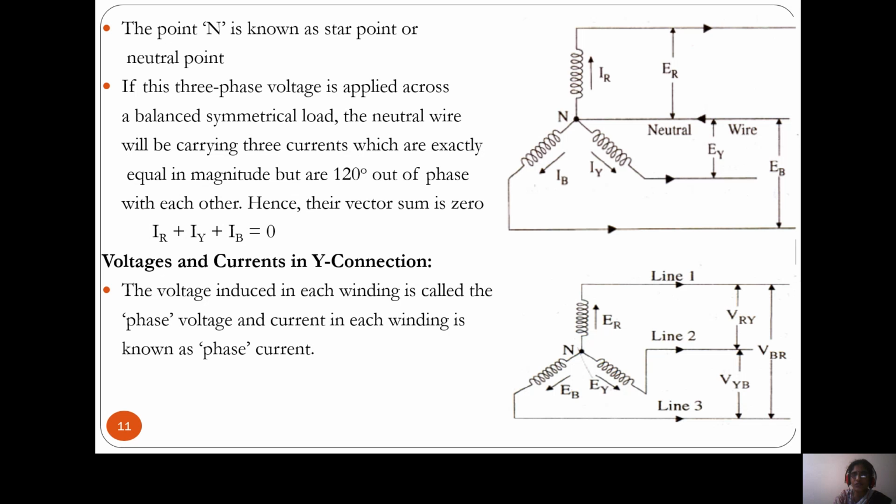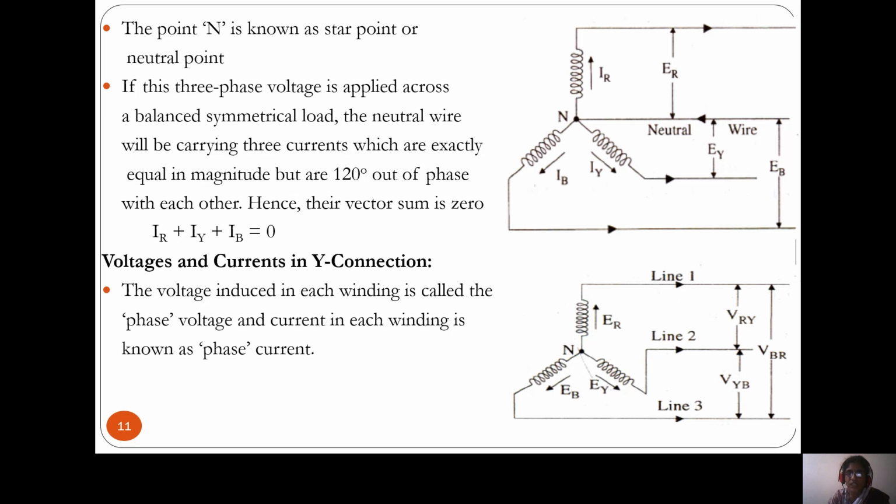If these three phase voltages are applied across a balanced symmetrical load, the neutral wire carries three currents which are exactly equal in magnitude but 120 degrees out of phase with each other. Hence, their vector sum is 0.